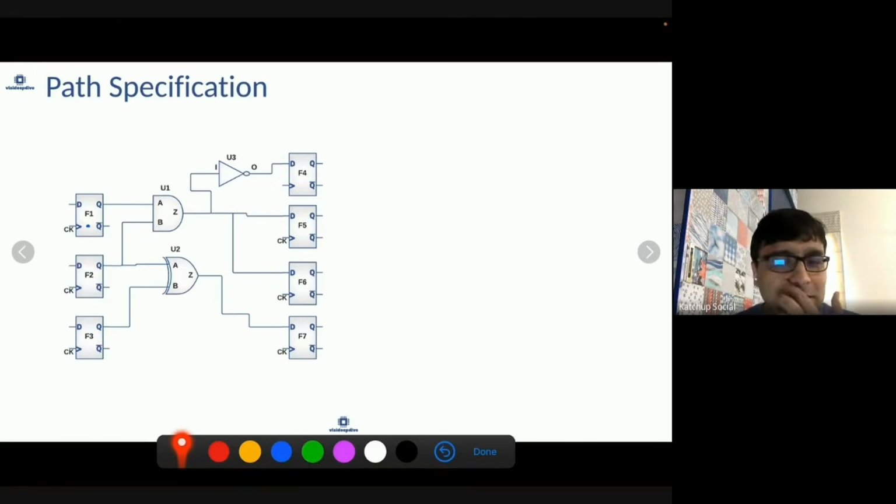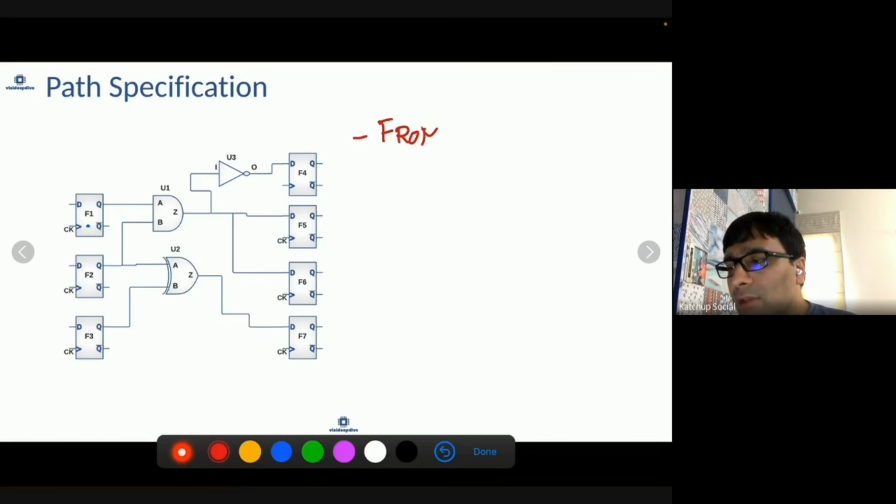You should be able to specify on what paths you are changing the behavior. And to specify these paths, there is a path specification which you need to do. That path specification is typically done in any of the timing exception commands using 3 options. I'm writing in uppercase, but these are lowercase in actual commands. The options are from, to, and through.